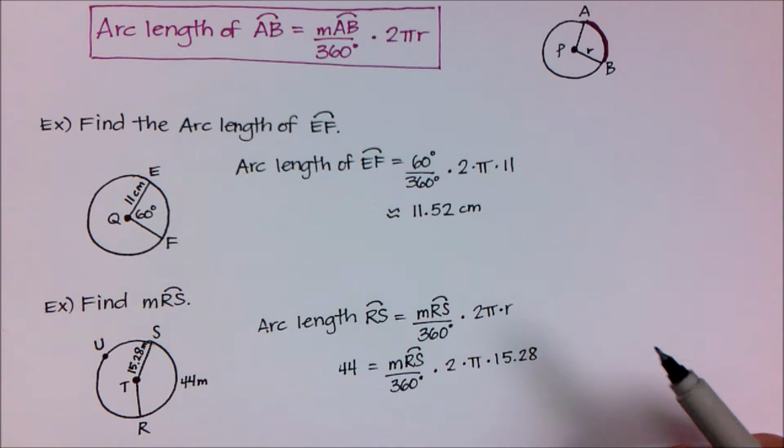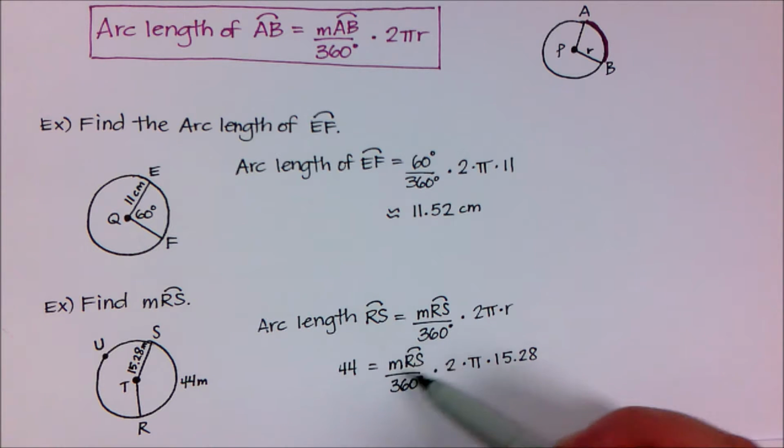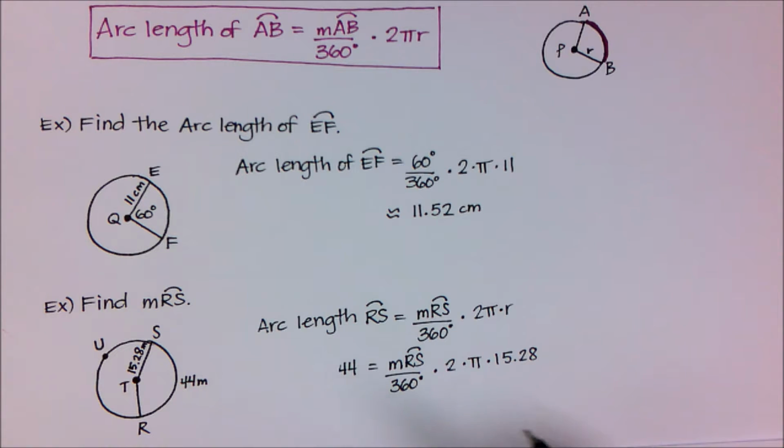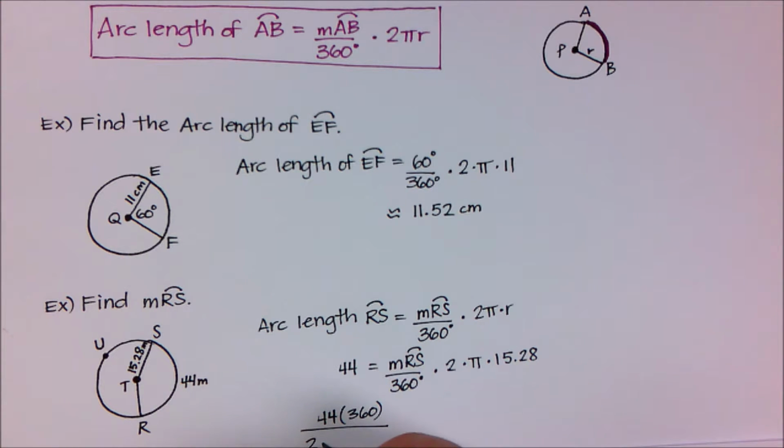If I treat this like an equation where I'm trying to get this alone, I would multiply both sides by 360 degrees, and I would divide both sides by 2 pi r. So let's try that. It's going to be 44 times 360 divided by 2 pi r, so 2 times 3.14 times 15.28, and then I have the measure of RS alone.